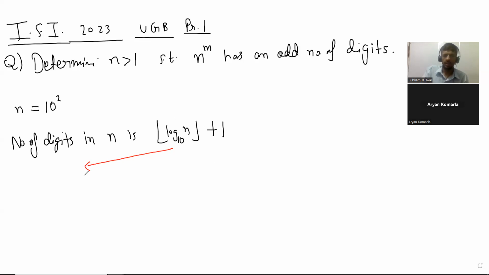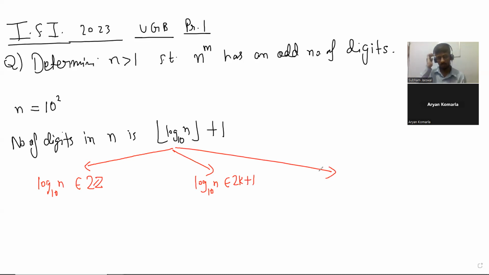The first case is if this thing is an even integer. The second case is this is an odd integer. Third case is not an integer.